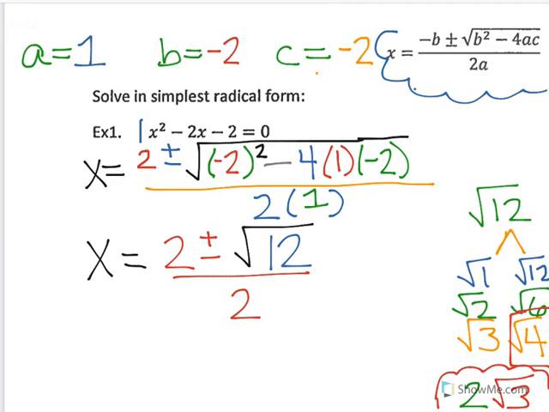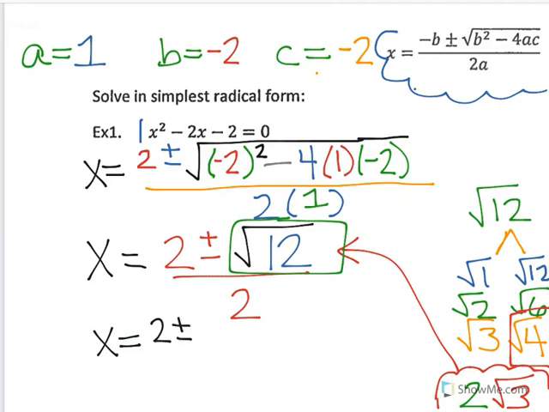So this has to replace what I have written in the spot of radical 12. So I have to write smaller, but what I have is x equals 2 plus or minus, remember, radical 12 simplified to 2 radical 3 all over 2.